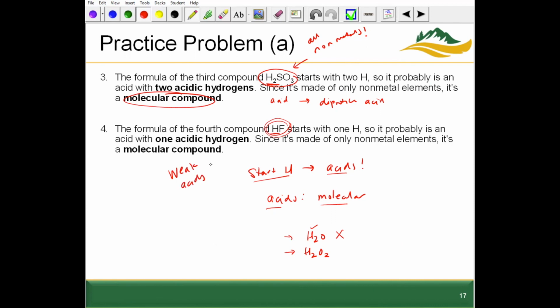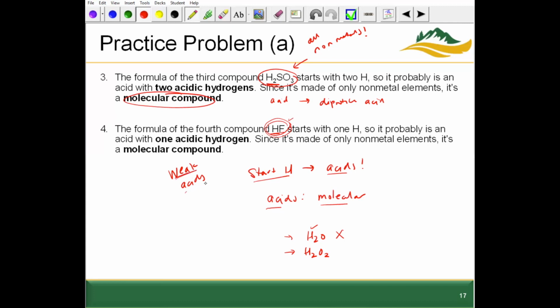Weak doesn't mean it's not dangerous, by the way, right? So in Breaking Bad, they use hydrofluoric acid to dissolve the calcium that's in bones. So it's definitely a dangerous acid to work with. It can be extremely harmful to human skin and bones.